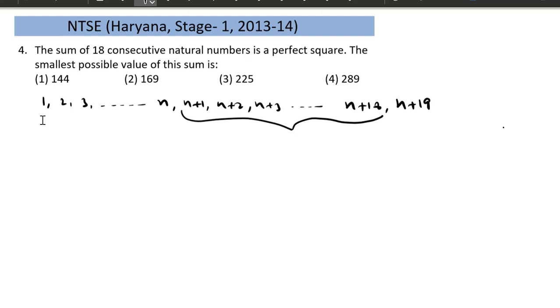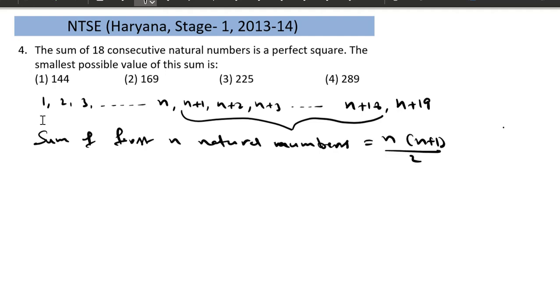The sum of first n natural numbers is n into n plus 1 by 2.